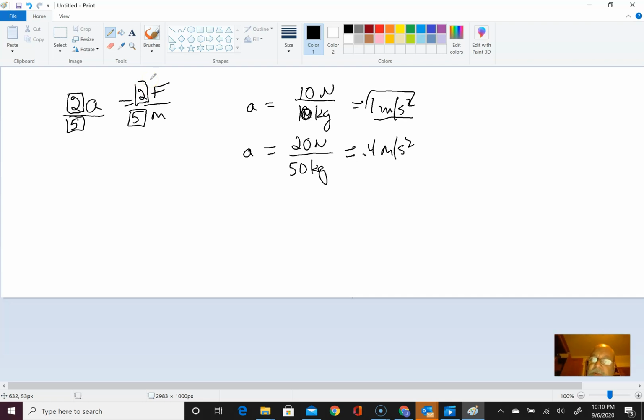Okay, now one other thing. He said that this requires a net force, and what we mean by a net force is, suppose I have an object here and it has a force of 10 newtons acting on it in one direction. That's an unbalanced force. There's no other force acting on it, and that kind of a force, an unbalanced force, is going to cause an acceleration.